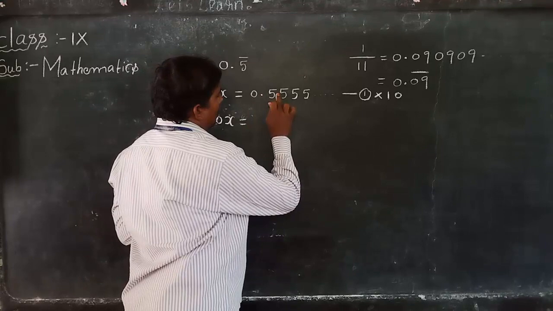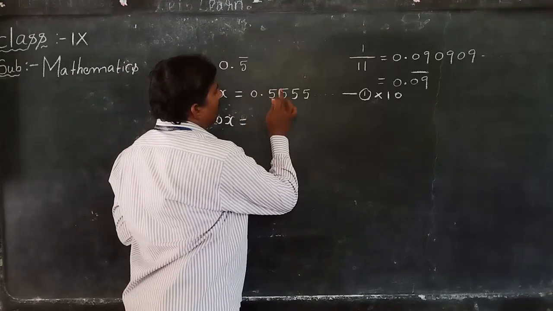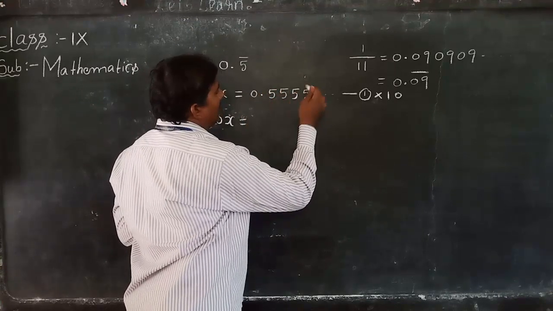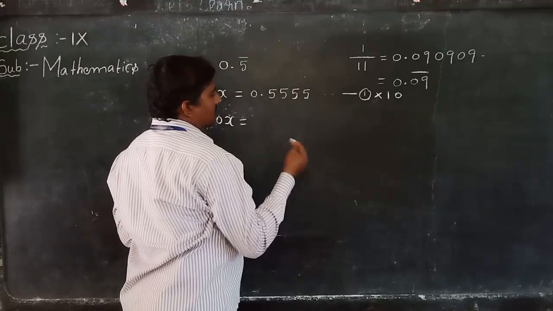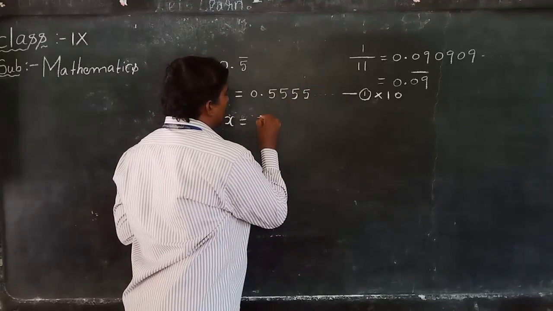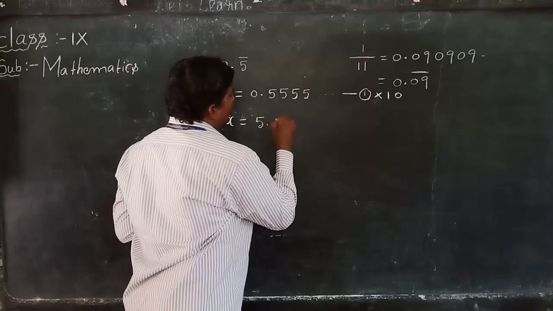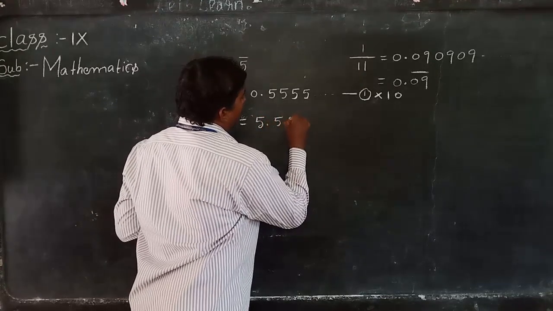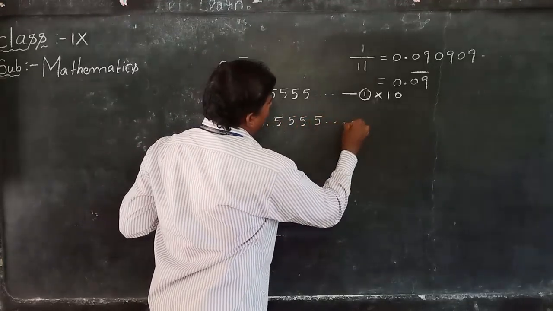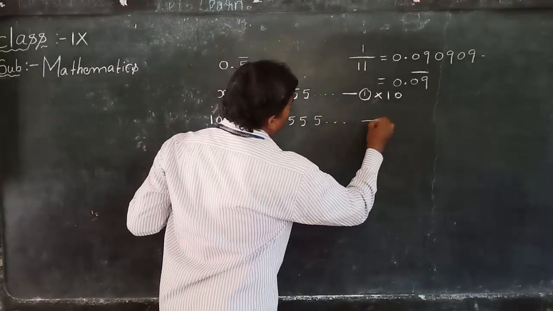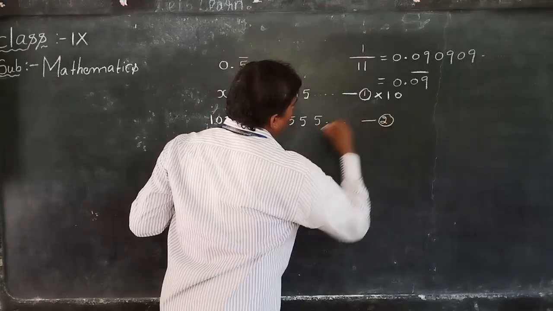So we get 5.555 and so on. We take this as equation number 2.